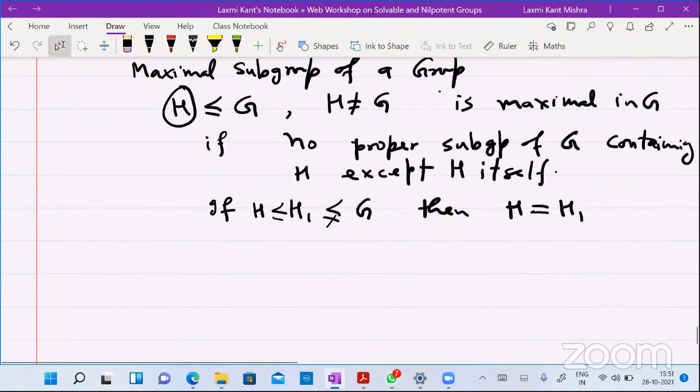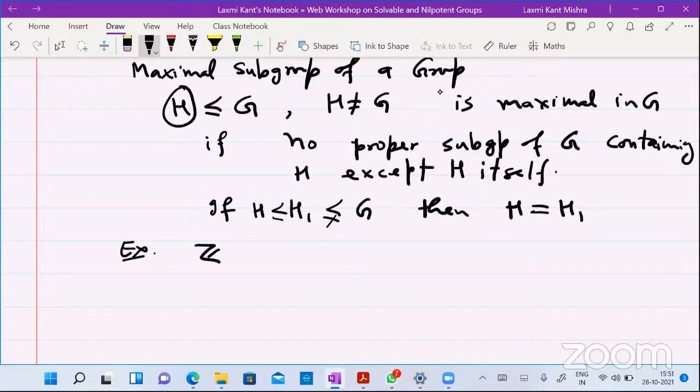Okay, so for example, in a cyclic group of infinite order, that is Z, what are the maximal subgroups?